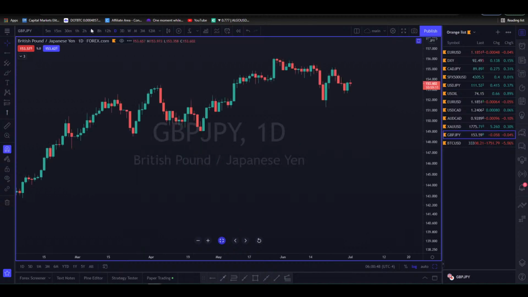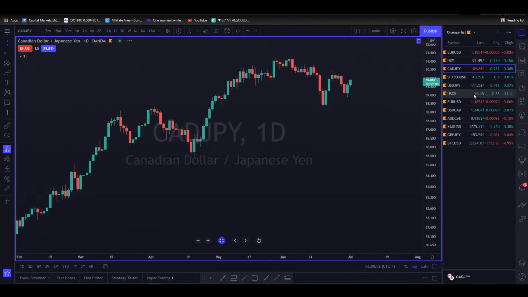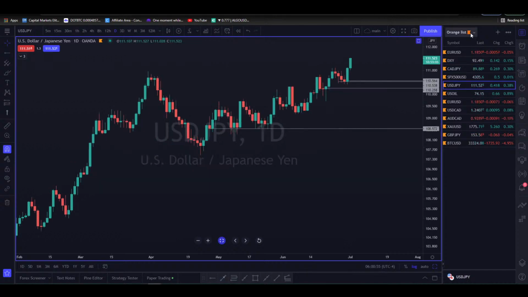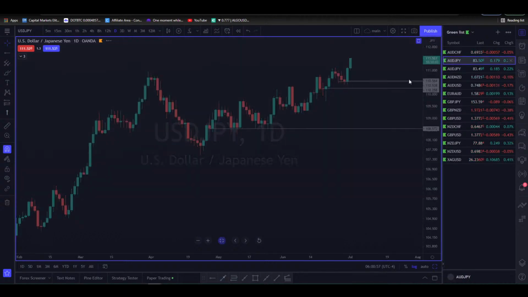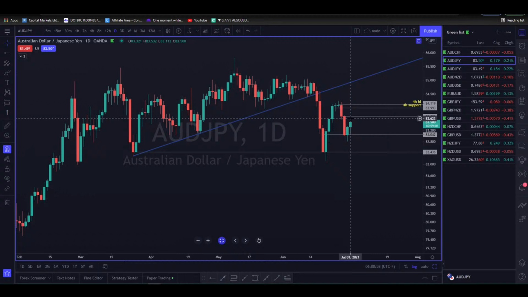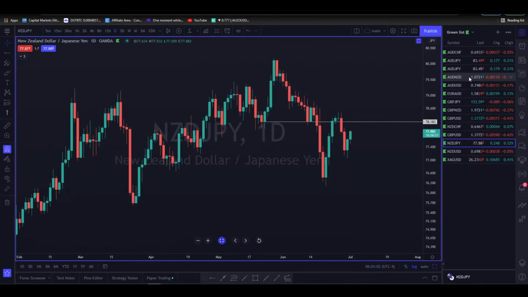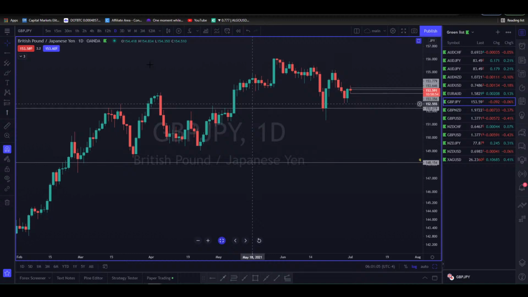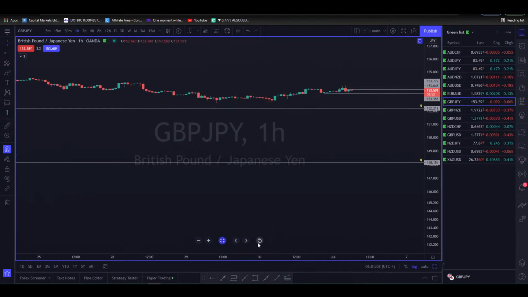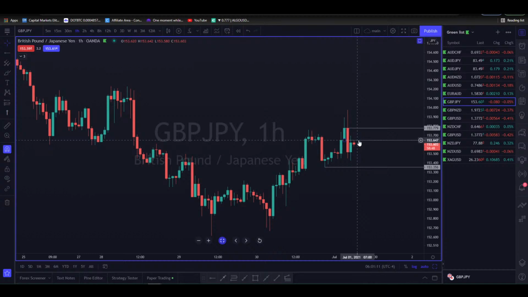But what I'm saying is all the yen pairs are going straight up. CAD yen, USD yen, Aussie yen, all these things trading up. Look, bullish on the day. New Zealand yen, bullish on the day. Pound yen, that's the first trade we were talking about. That's why I said hourly closure above this level, you're not looking for shorts anymore.